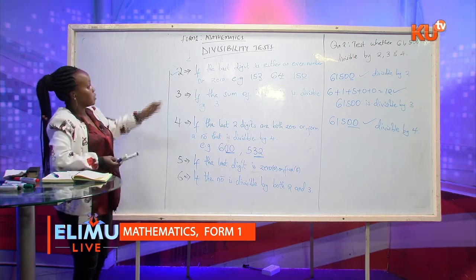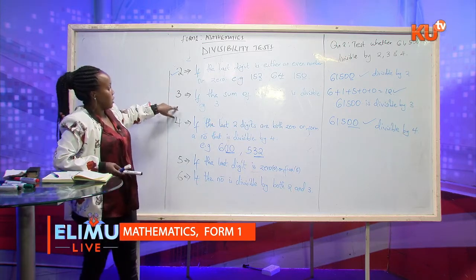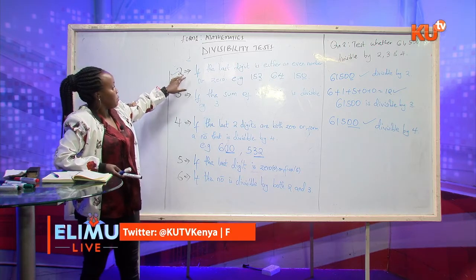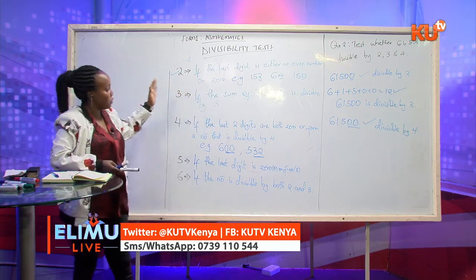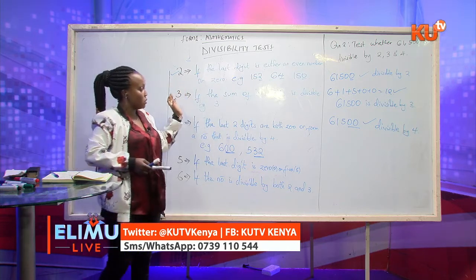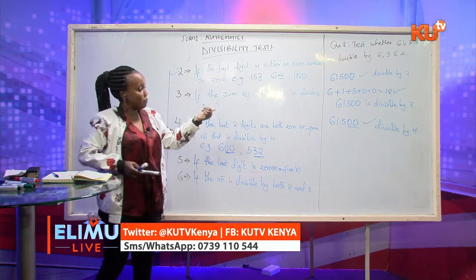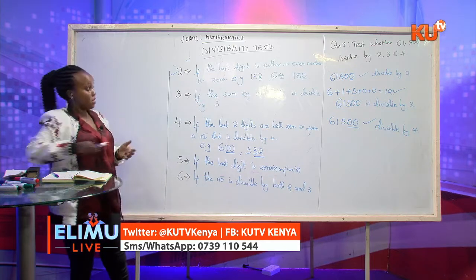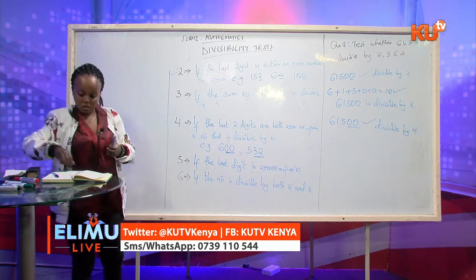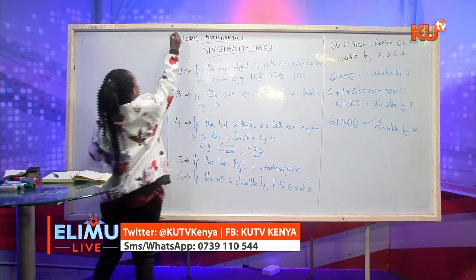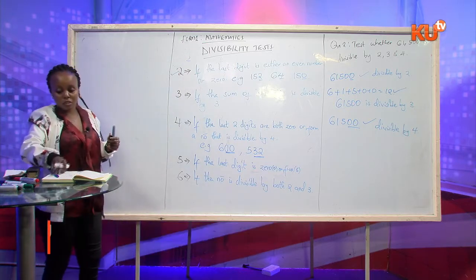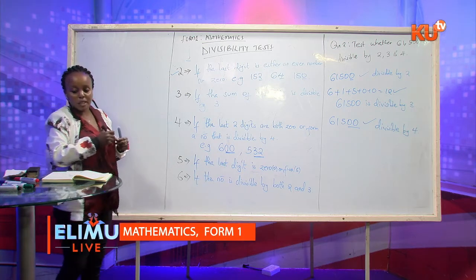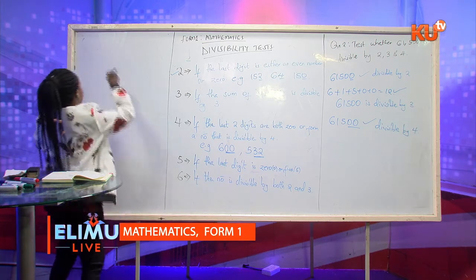And we already have divisibility tests for 2 and 3 here. So we were told that a number is divisible by 2 if the last digit is either an even number or 0. For 3, the sum of its digits should be divisible by 3 or form a number that is divisible by 3. So let us try maybe looking at a certain question here to make us understand more. So a question for divisibility. Which one of the following numbers are divisible by 6?